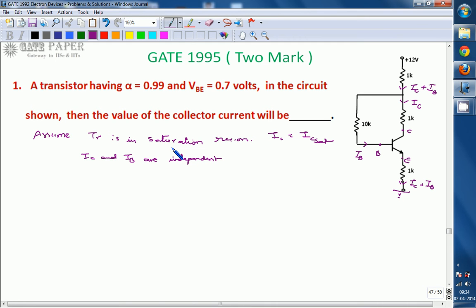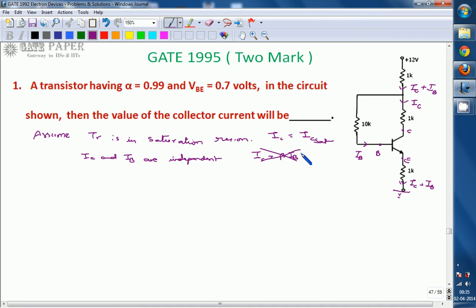So we cannot use IC is equal to beta times IB. This is only possible in the active region. Since in saturation the collector current got saturated, it no more reacts to base current increase or decrease.